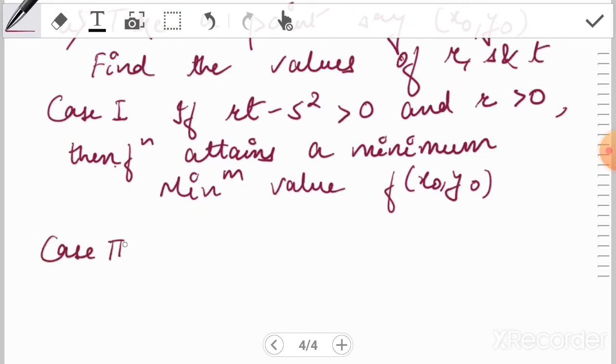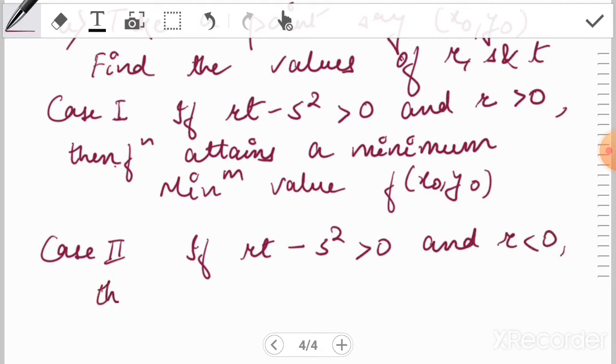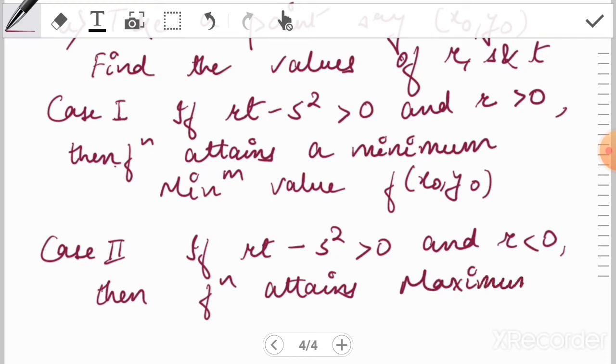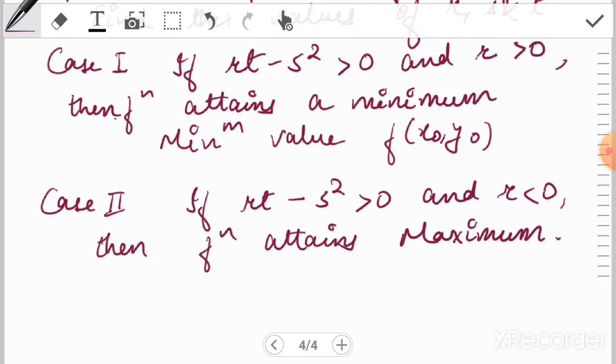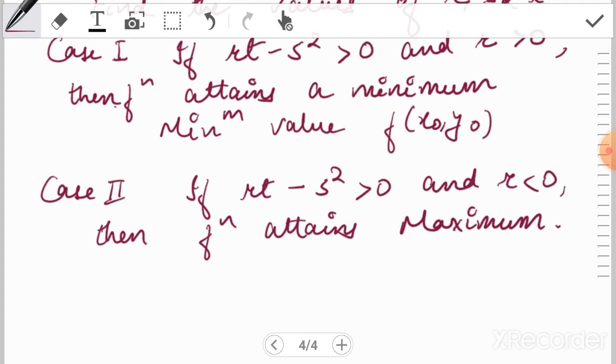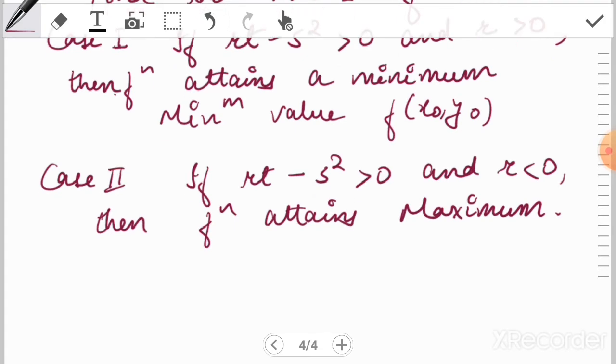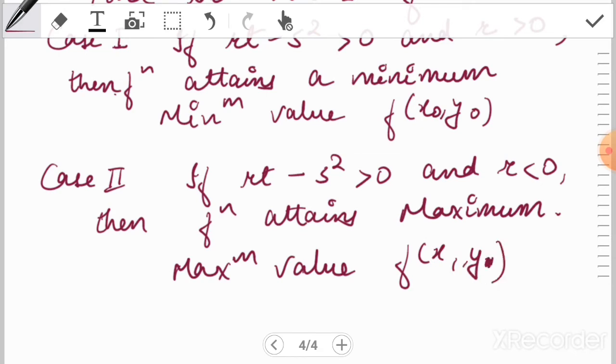Case 2: if rt minus s square is greater than 0 but r is less than 0, then the function attains a maximum at this point. Okay, so the maximum value would be f(x1, y1).